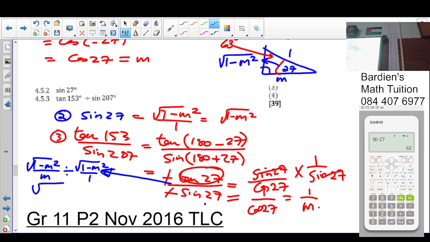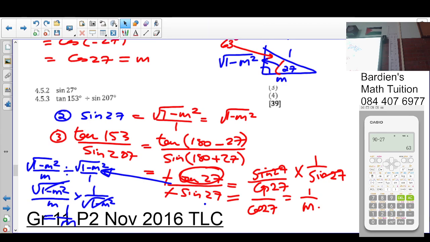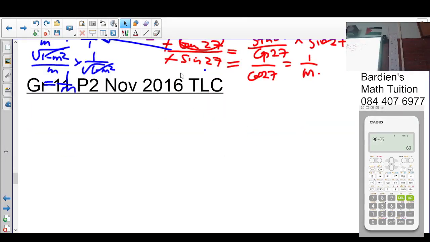Then it becomes the square root of 1 minus m squared over m times 1 over the square root of 1 minus m squared, which in turn gives us 1 over m. Either way, you'll get the full mark for that sum. There are many ways of doing things in mathematics.